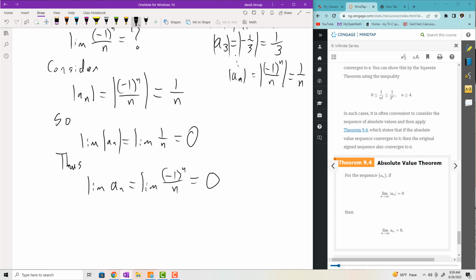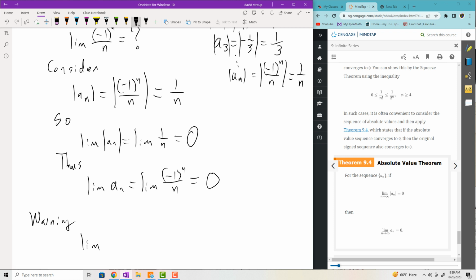Okay, this doesn't work, though, for things like, so warning, the limit of (-5) to the n, just because the absolute value maybe, well, that will clearly go to infinity.